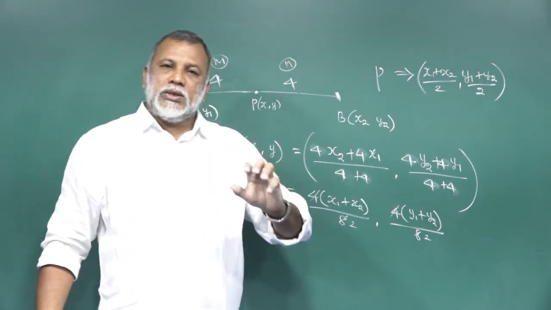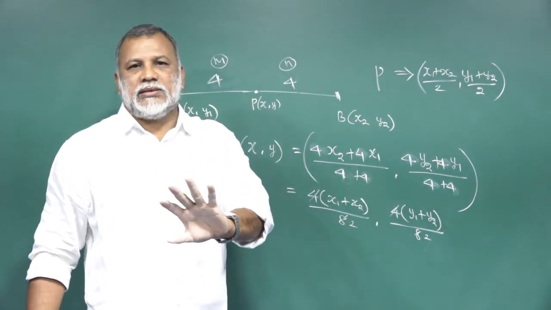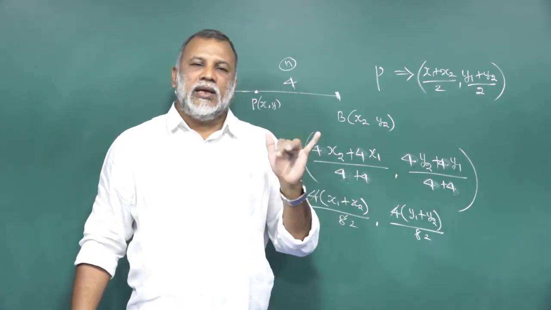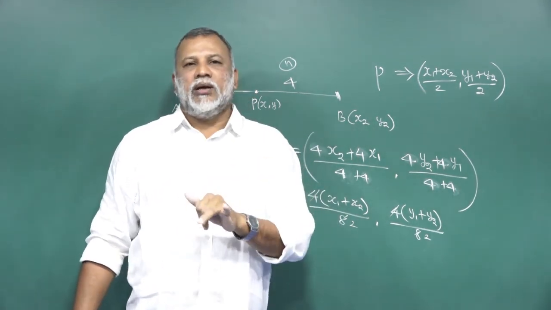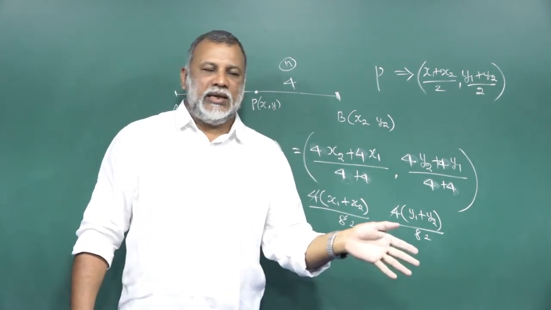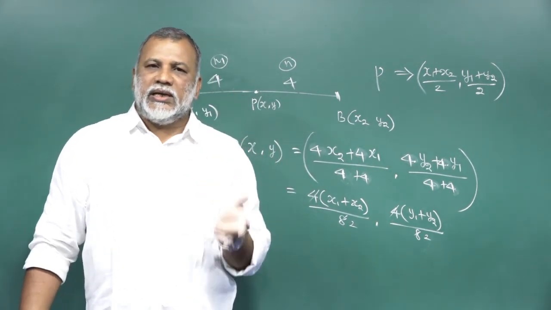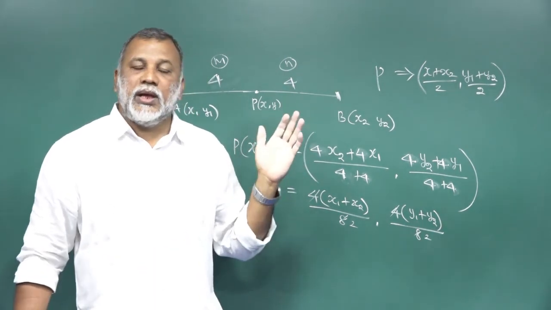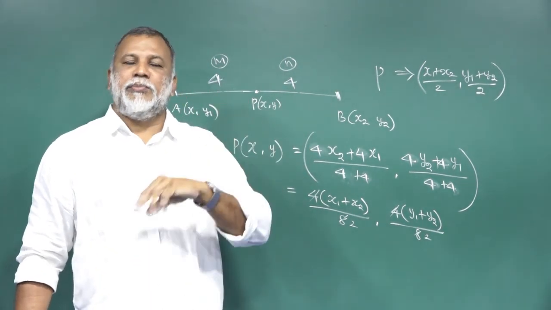So dear students, so far we discussed three results. One is the distance formula, already well known from your lower classes. Another one is the section formula. Just now we proved the internal one, which only divides in the internal ratio m:n. Then the third one is the midpoint formula.